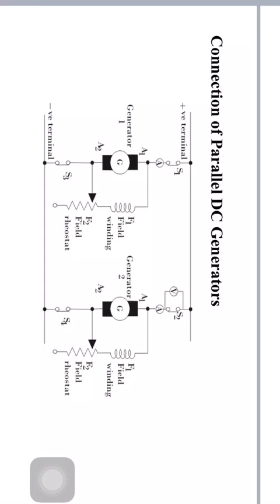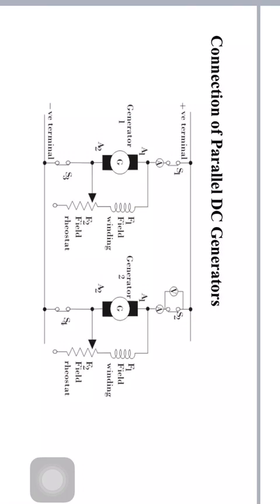Now if generator 2 is to deliver any current, then its generated voltage E should be greater than the bus bar voltage V. In that case, the current supplied by it is I equal to (E minus V) by RA, where RA is the resistance of the armature circuit.